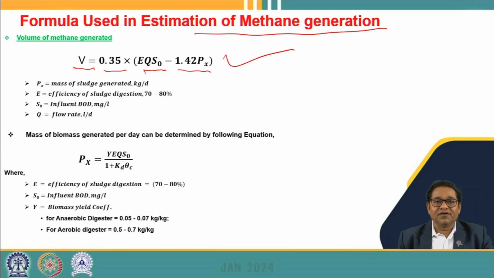where V is the volume of methane that will be generated per unit time, and 0.35 is the theoretical methane yield, E is the efficiency of digestion, Q is the flow rate, and S0 is the influent BOD concentration.